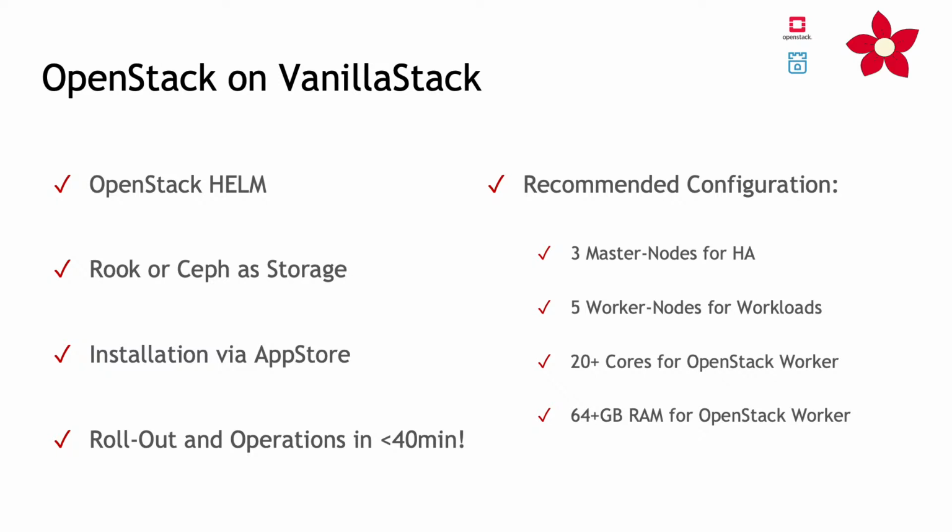OpenStack is pretty demanding, so you would need to add a lot of CPU cores and a lot of memory. But rest assured, that kind of infrastructure does not cost you more, because we, Cloudical, do not charge you for the number of cores you use or for the amount of RAM you utilize.